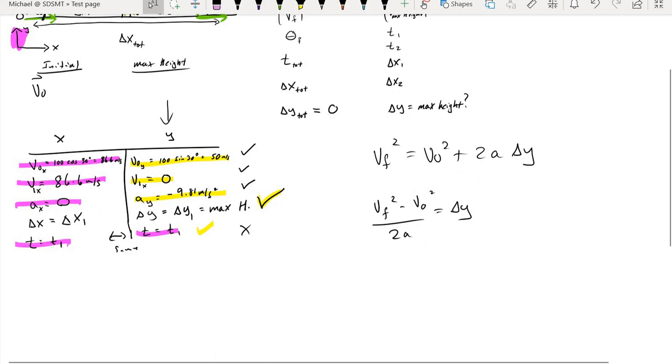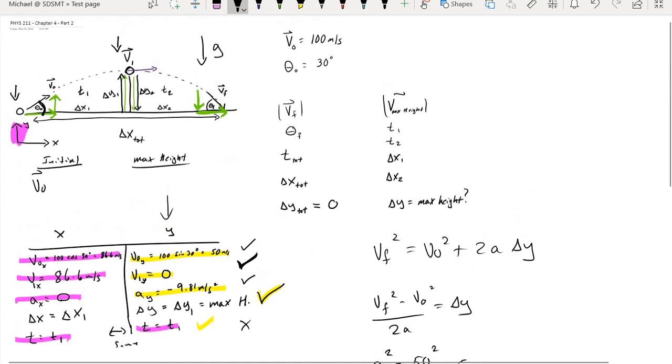The final velocity in the y direction is going to be the y component of v1, and I just now realized I had an x there. Sorry about that. That should be a y. We have a final velocity of 0, an initial of 50, over 2 times negative 9.8.